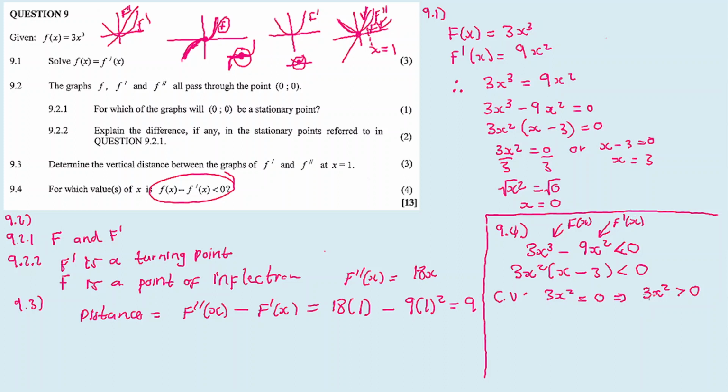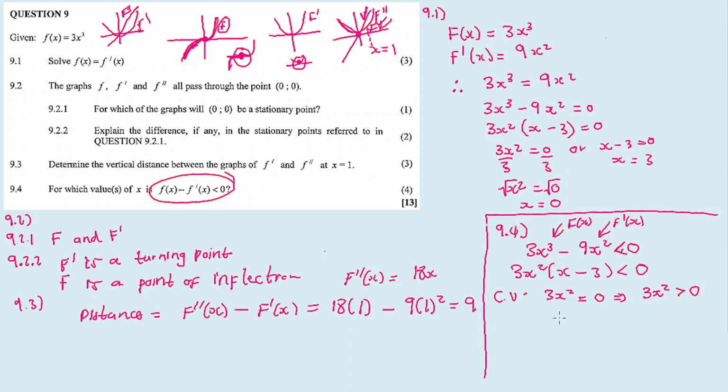Why? Because any number I put into x squared, multiplied by 3, will come out positive, and then I multiply by 3, it's still going to be a positive number. That's why 3x squared is always greater than 0.